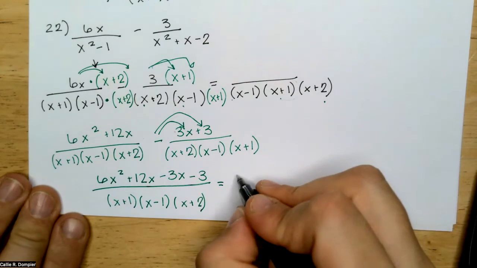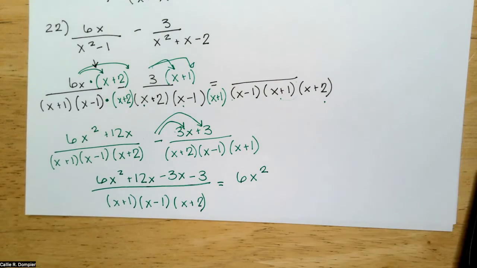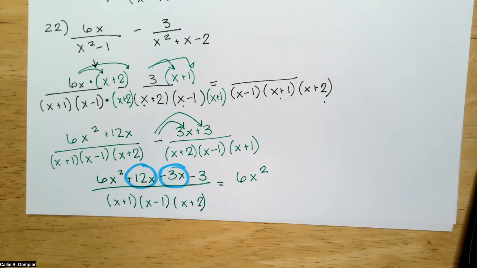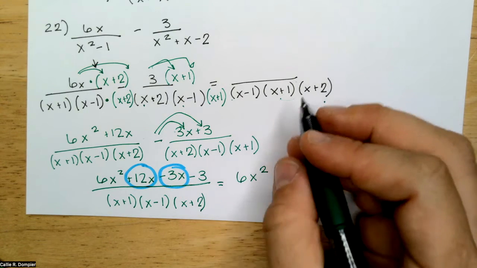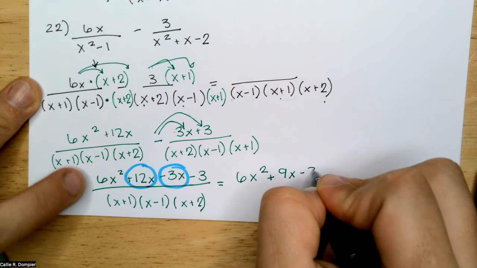So that becomes 6x squared plus 12x minus 3x. So 12 minus 3 is 9, right? 9x minus 3.